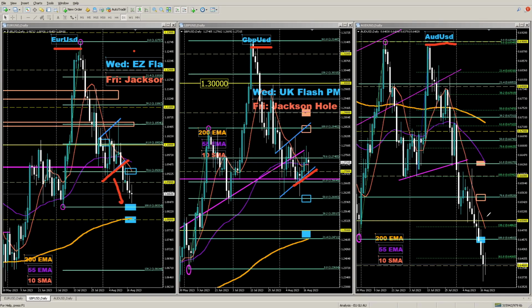And as we see, the Aussie dollar has still been weakening throughout, dipping lower and lower and finding support at the 64 round figure.